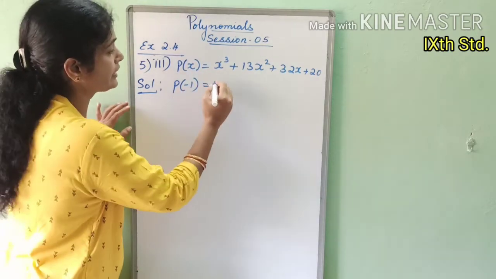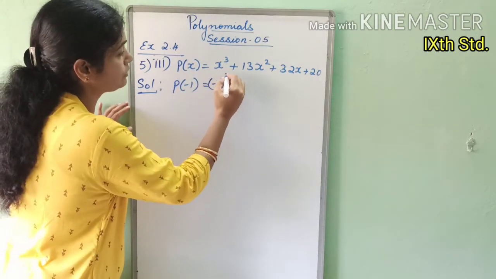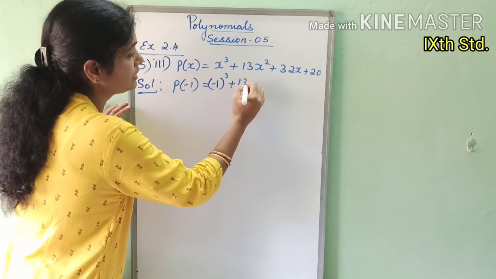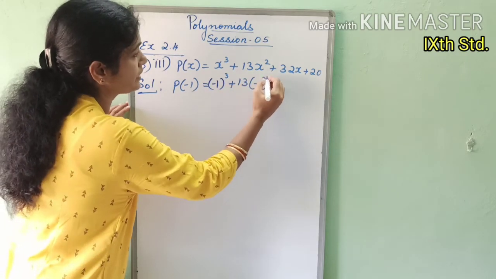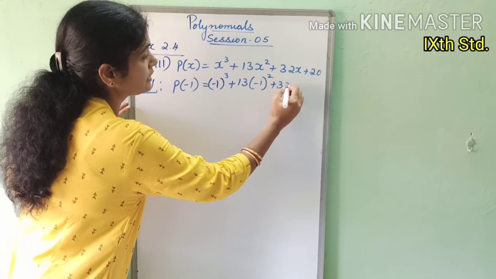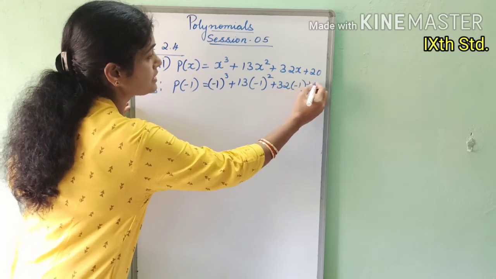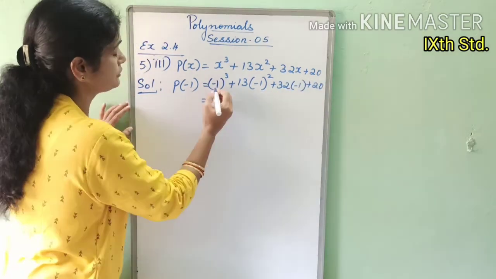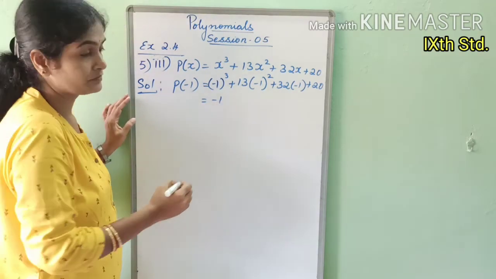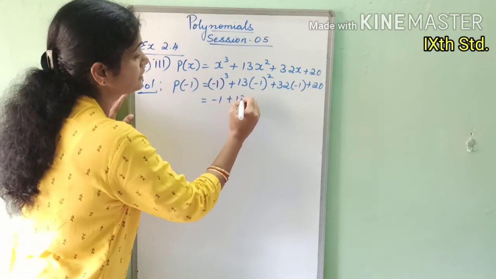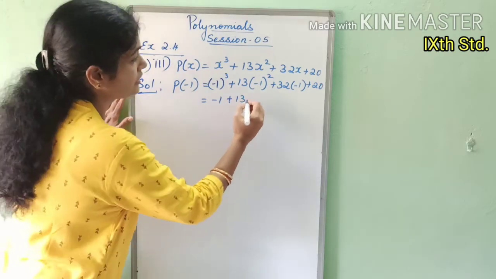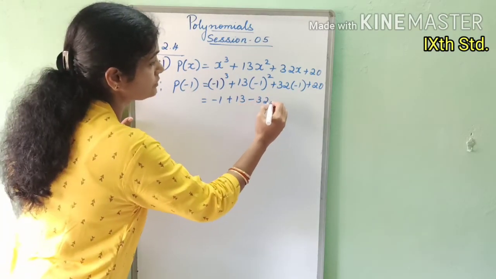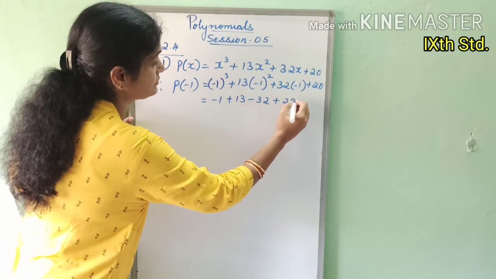P of minus 1 we will take. So here it is minus 1 whole cube plus 13 into minus 1 whole square plus 32 into minus 1 plus 20. So this is minus 1 plus 13 minus 32 plus 20.